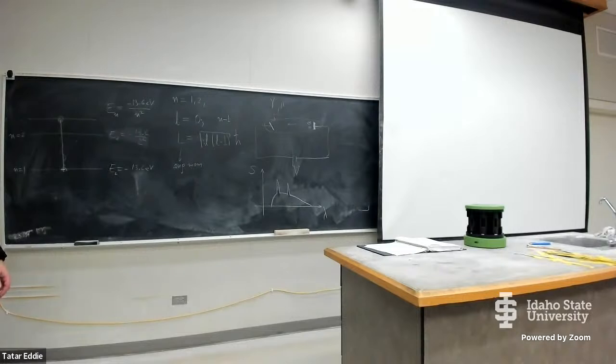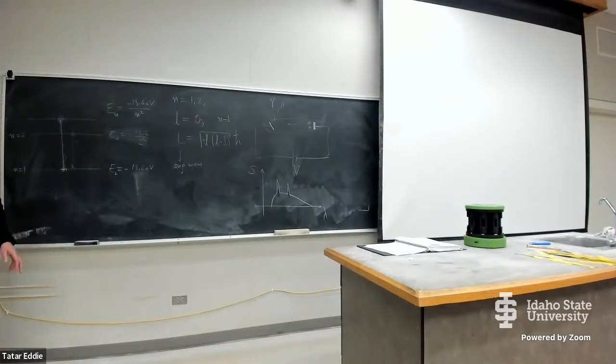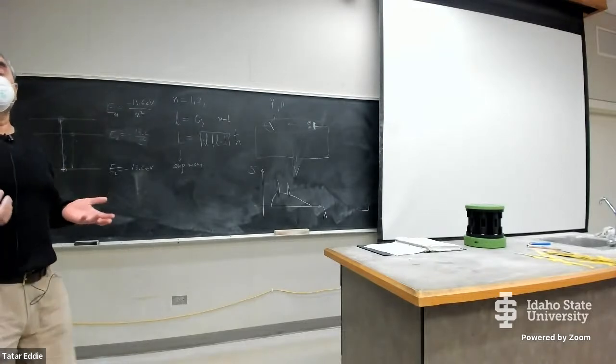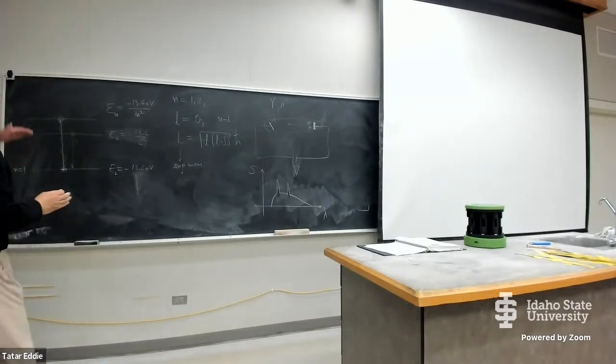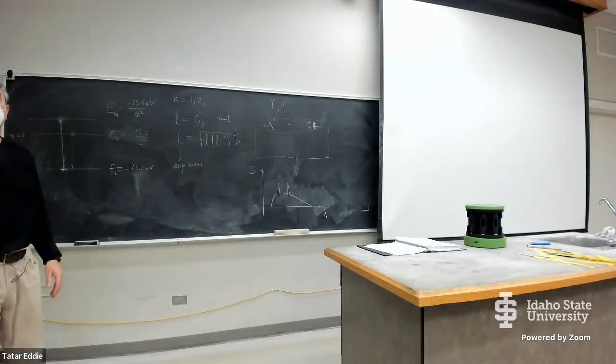But excited energy states are unstable. The electrons spontaneously move back to the ground state or to a less excited state. And in the process, they emit photons with energy equal to the energy difference between the excited and the ground state, exactly with that energy.